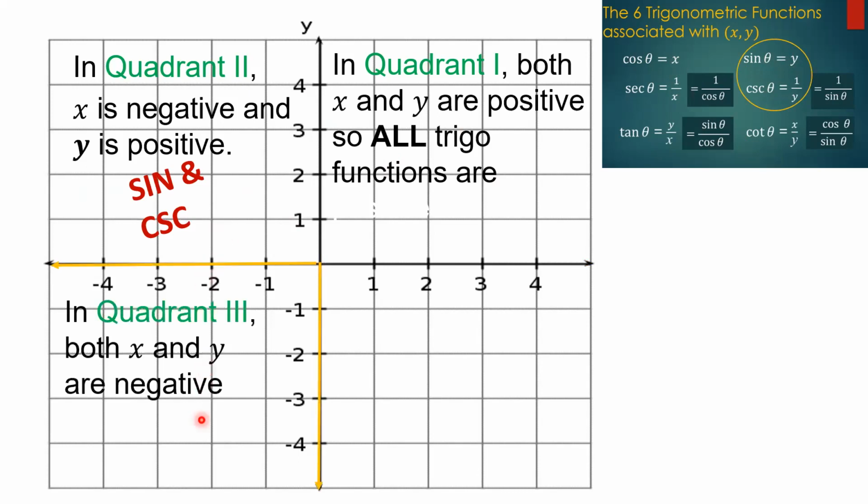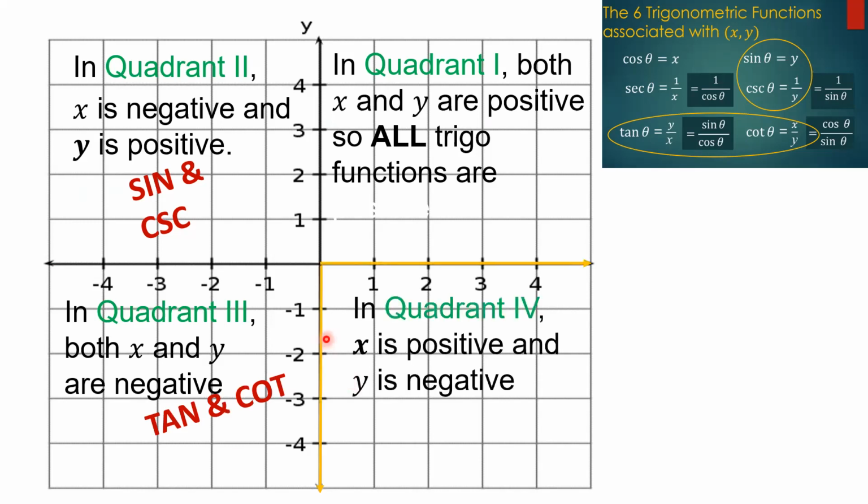Whereas in quadrant 3, both x and y are negative. So that means this will become positive as well as this one, kasi negative over negative will be positive. So tangent and cotangent functions are the only ones positive on the third quadrant. Now for the fourth quadrant, we have negative y and positive x.